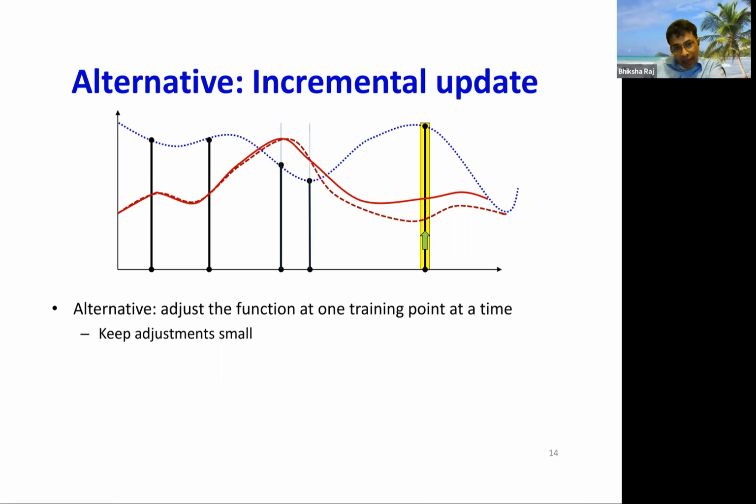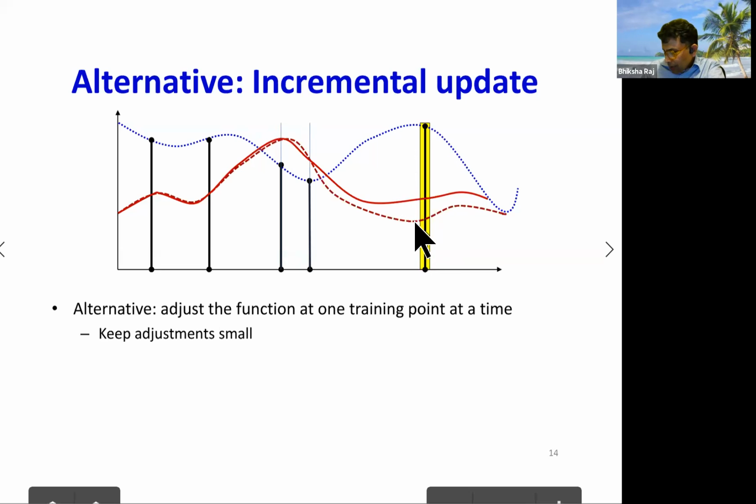And if you do it carefully enough and slowly enough, eventually you're still going to get your handkerchief or your putty to form the shape that you want it to. And so that's what we are going to do over here as well. Instead of trying to adjust the function at all training points at once, we will consider one training point at a time and adjust the network parameters to reduce the error at that one point.